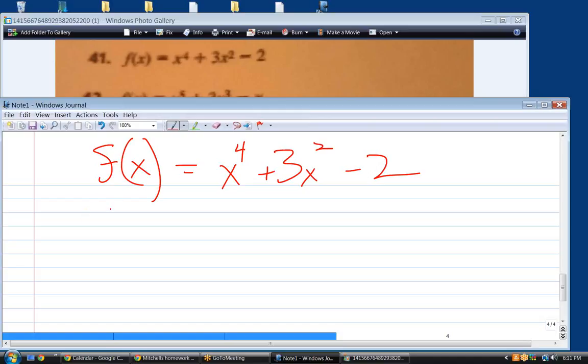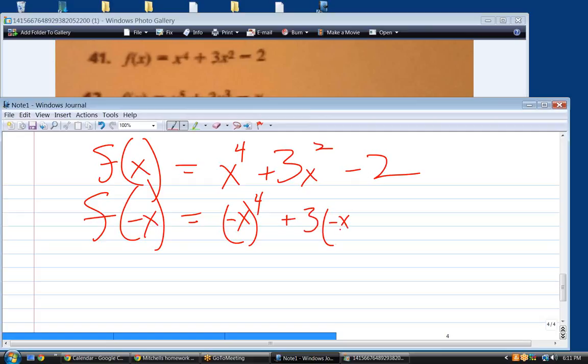So what's my test here? f of negative x. What's it equal to? Parenthesis, negative x to the fourth plus 3 parenthesis negative x squared minus 2.